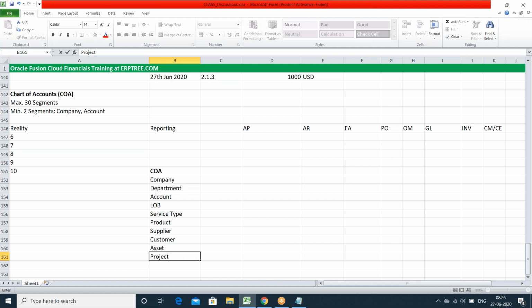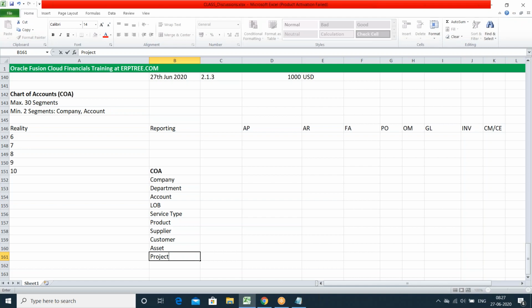Once the chart of accounts is in usage, you should not add any segments even if the system is allowing. If you add additional segments in between, it will create data inconsistency issues. If the client still wants one more segment, that has to be done as a separate project, which we call redesigning the chart of accounts. Simply, you cannot go and add it. System will allow, but you should not do it. It will impact the existing data. It will disturb everything.